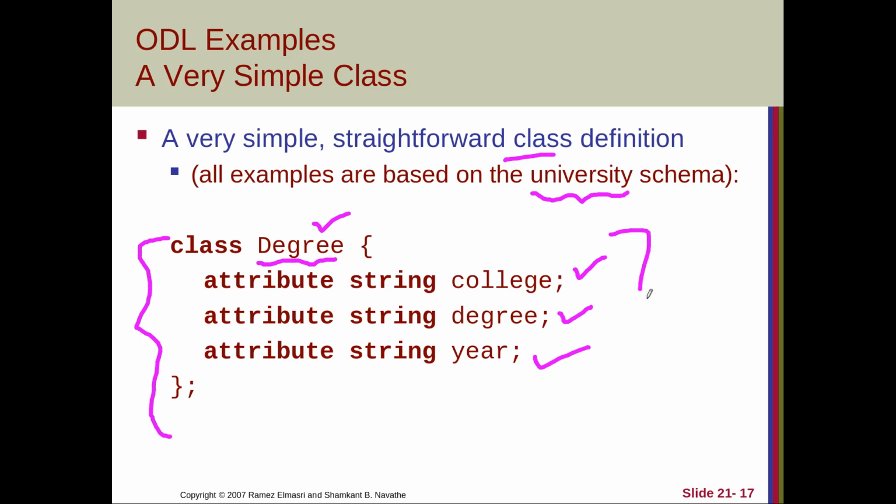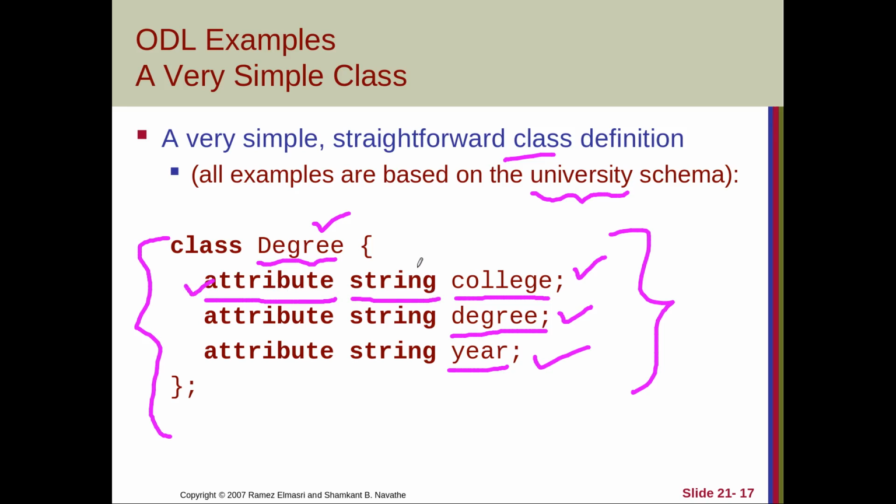So this is a simple representation of a class where we are declaring an attribute called college, then another attribute degree and year. What are the features of this college attribute? We need to specify that attribute by using the keyword attribute, then the data type of that attribute, that is string.